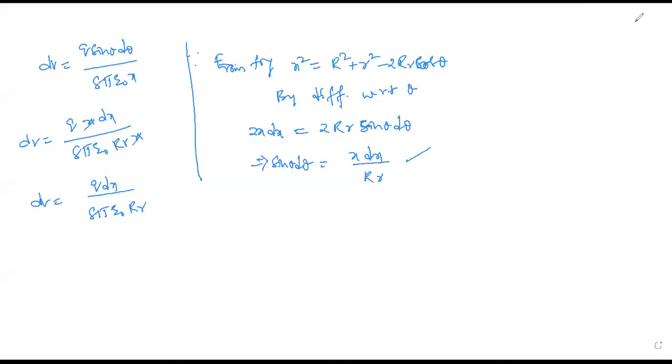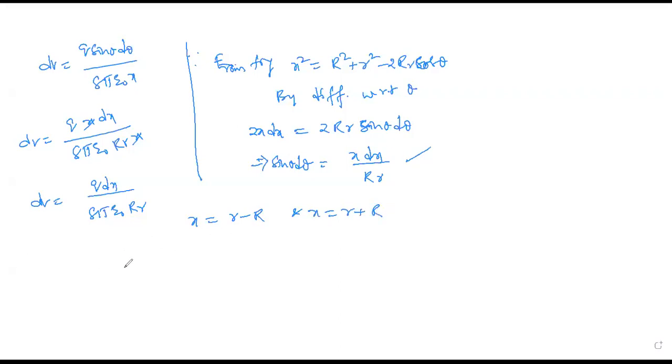We have to take the electric potential for the whole sphere, so we have to integrate this. The limits of the integral should be taken from x is equal to small r minus capital R to x is equal to small r plus capital R.